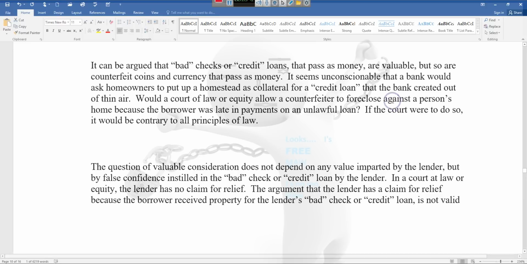No. Because the Congress says that they're so-called credit loans. See, that bad checks or bad credit loans are counterfeit? No, they're not. The law defines each one as something different. But we're not going to go into the definition of each. We're going to let you know that the law understands that they're different.